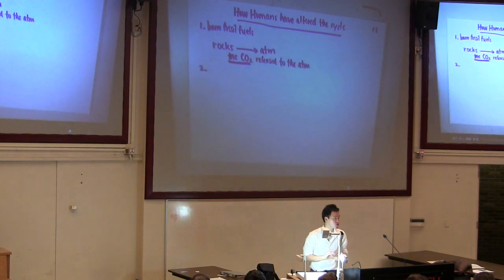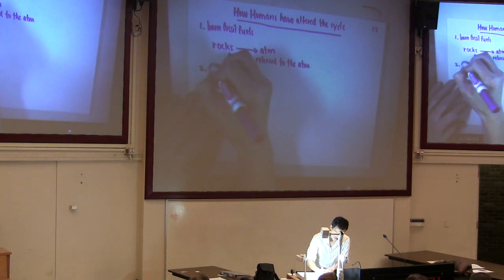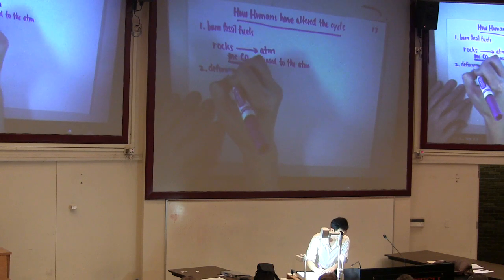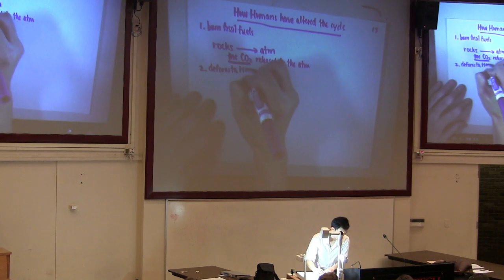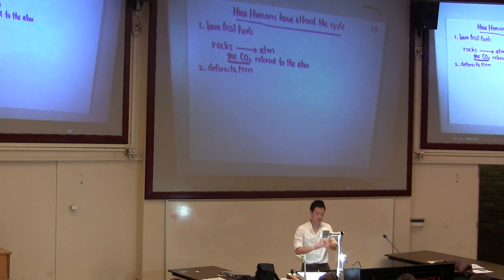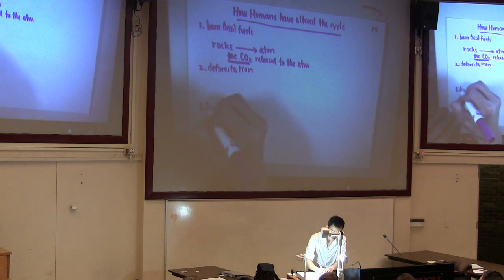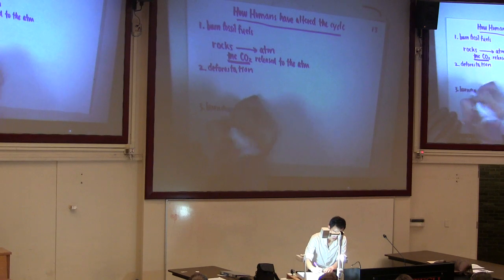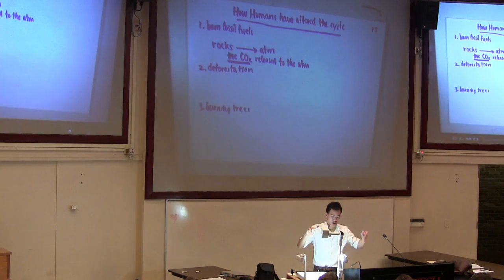What's another thing that humans have done? Okay, they have done deforestation. Okay? So deforestation is different from the third thing, which is burning trees. Okay. Deforestation, what is that? It's cutting down a tree, right? So if you cut down a tree, you have fewer trees, right?